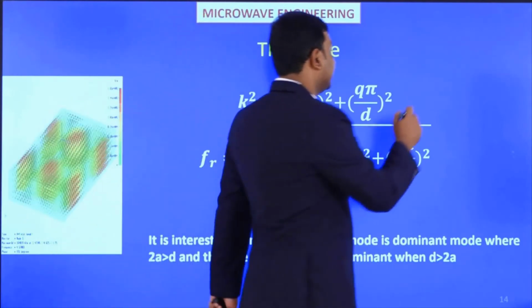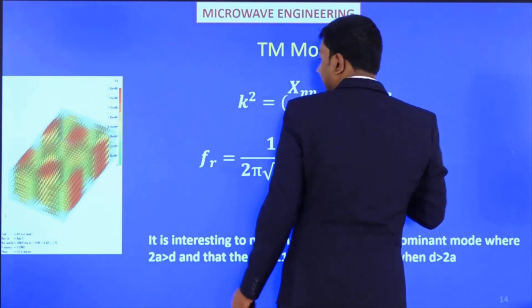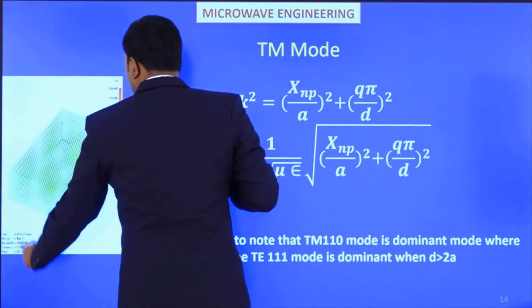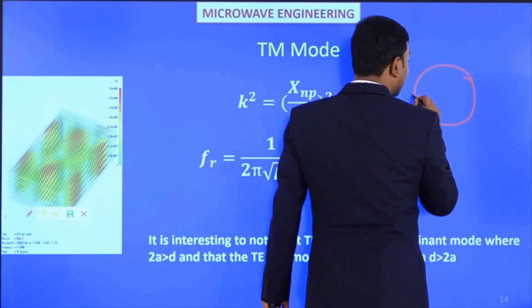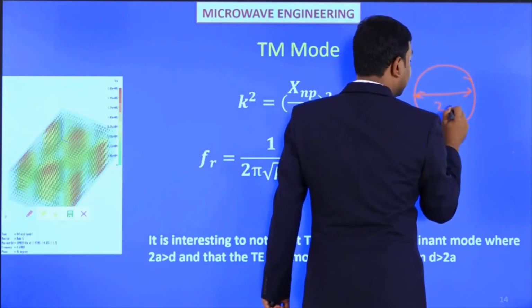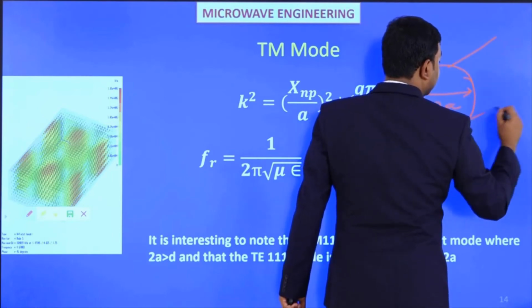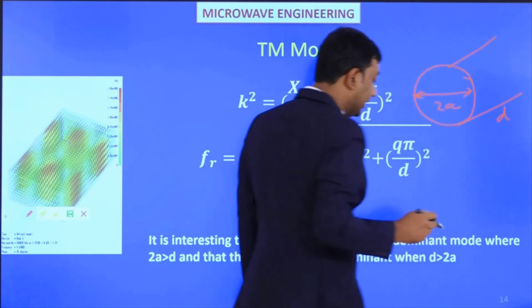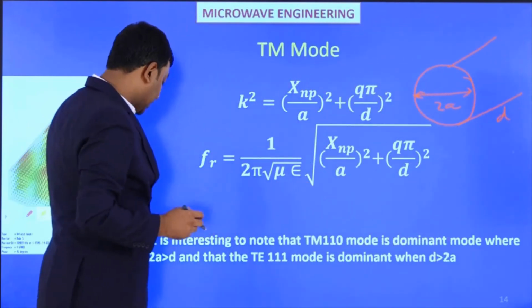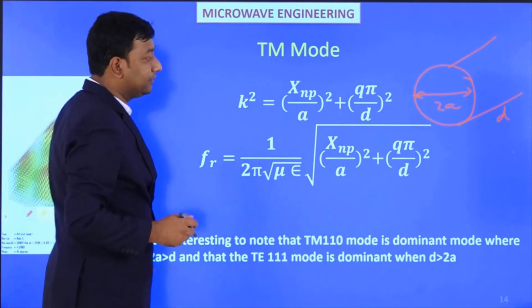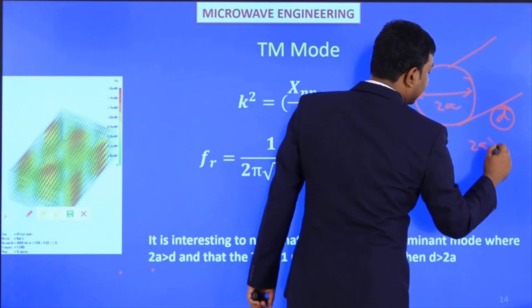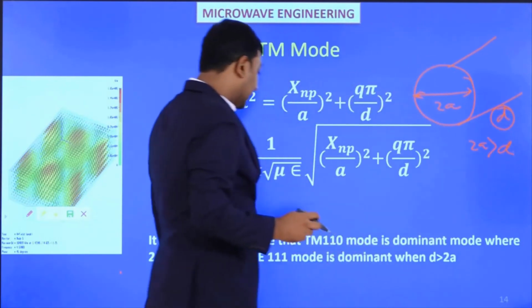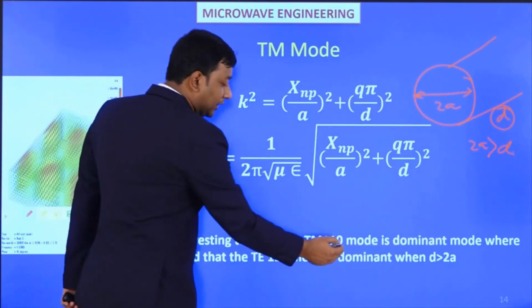So here the diameter is 2a, since earlier we mentioned the radius equal to a, so the diameter will be 2a. Another thing is the length of that cylindrical resonator, which we are considering as d. So if 2a is greater than d, meaning the diameter is greater than the length, then the dominant mode will be TM110.